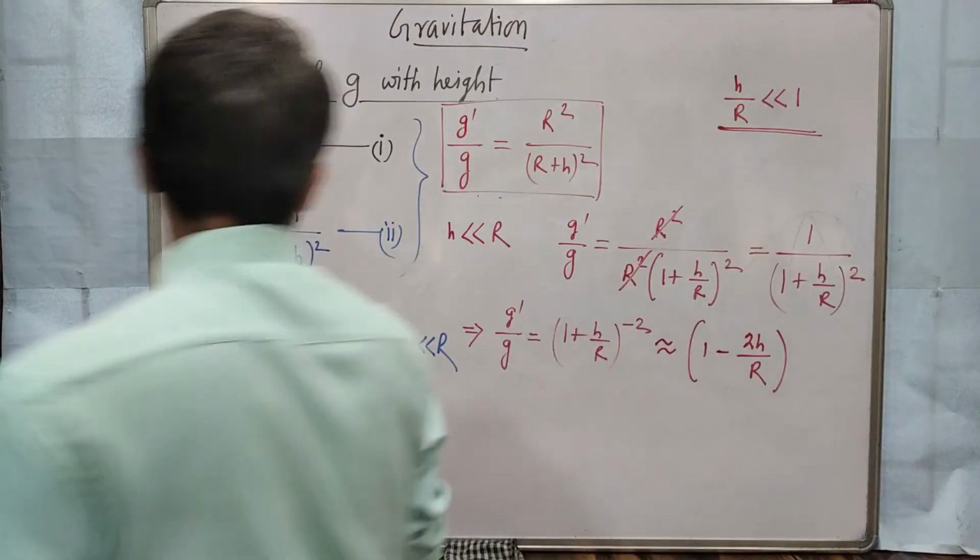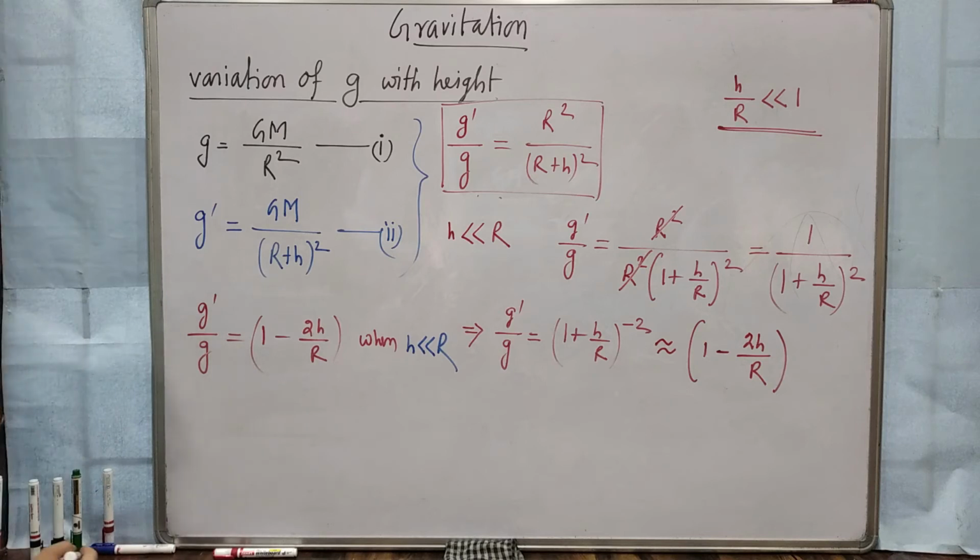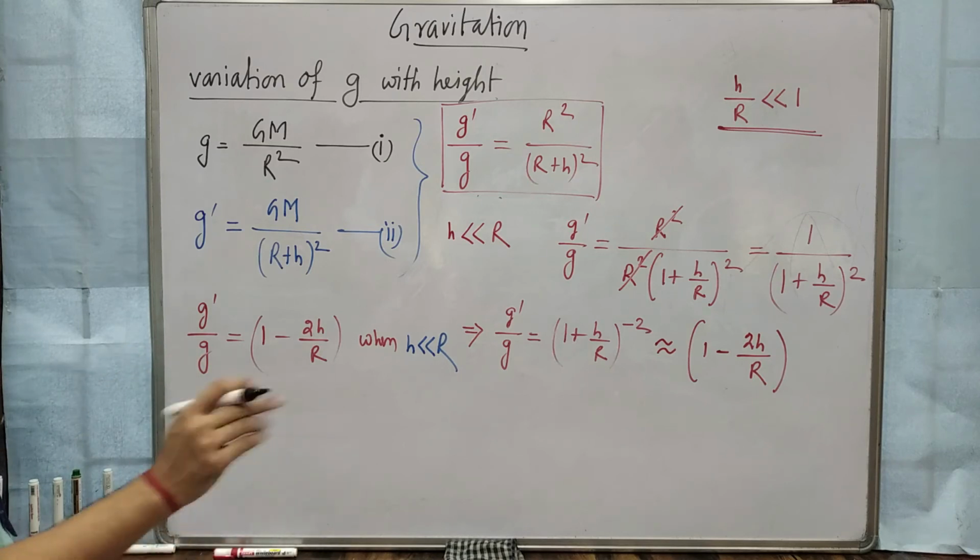So percentage change in, first I am writing gravitational acceleration. Percentage change means g minus g prime by g into 100.